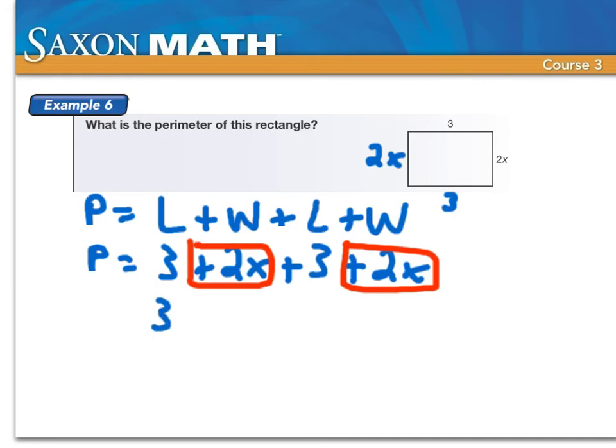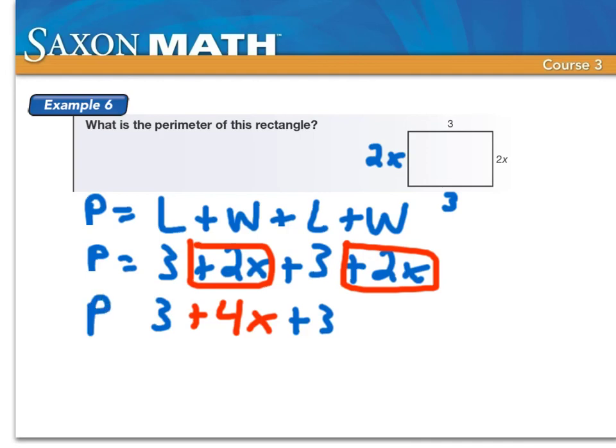I'm going to take my x's and add them together. 2 x's plus 2 x's is 4 x's. It's a positive 4 x's. Okay, and then we've got this other 3 still here. Notice again, the things I didn't put in a box, I leave alone. Okay, I didn't do anything with those yet. But I combined my x's together.